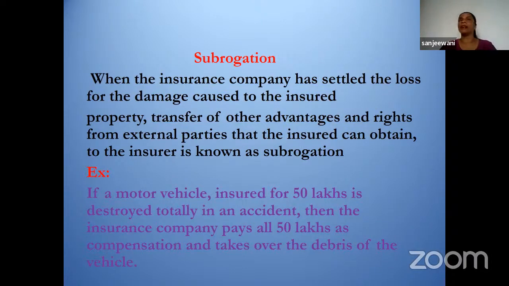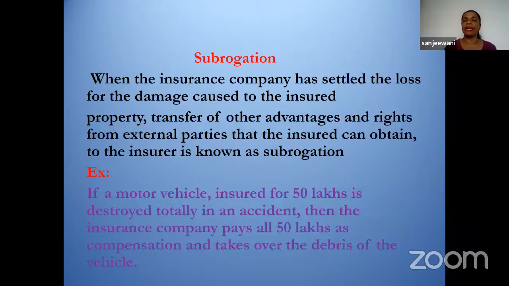After a certain time, they found a part of the ship. But you will not get a right to that part, because you got the whole compensation. You have transferred the authority to the insurance company, so you can't claim anything now. Everything belongs to the insurance company. So that is subrogation.